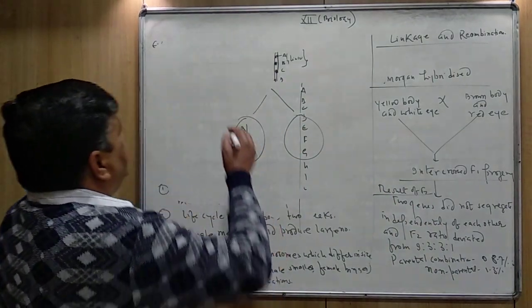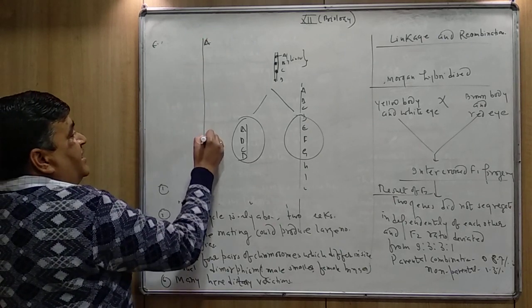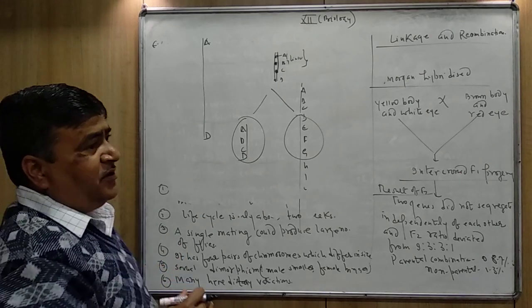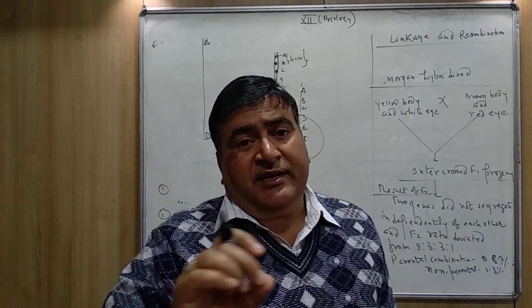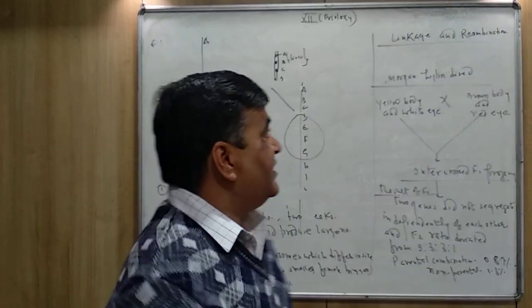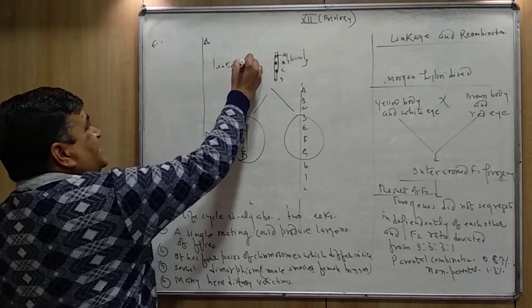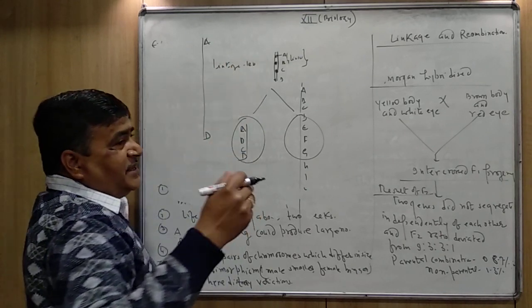In this case also, suppose a single chromosome is there, A is located here and D is located here. The distance is so far, they are distantly located, that's why the linkage is less and recombination is more.